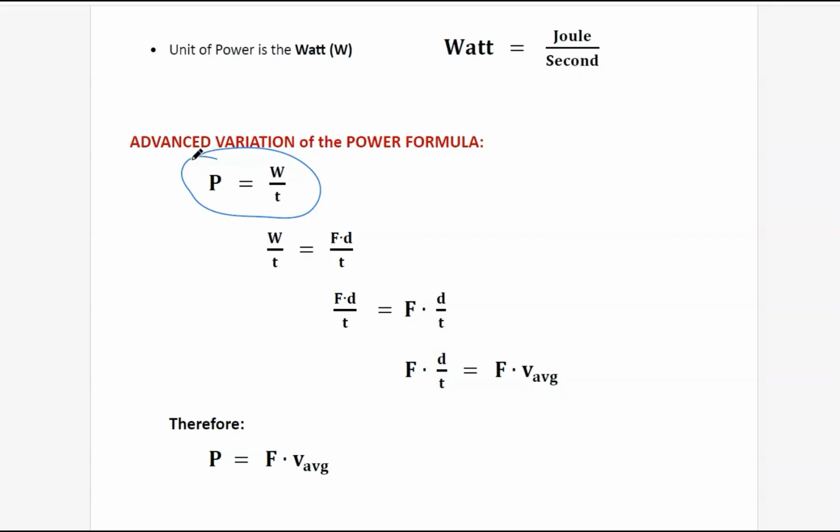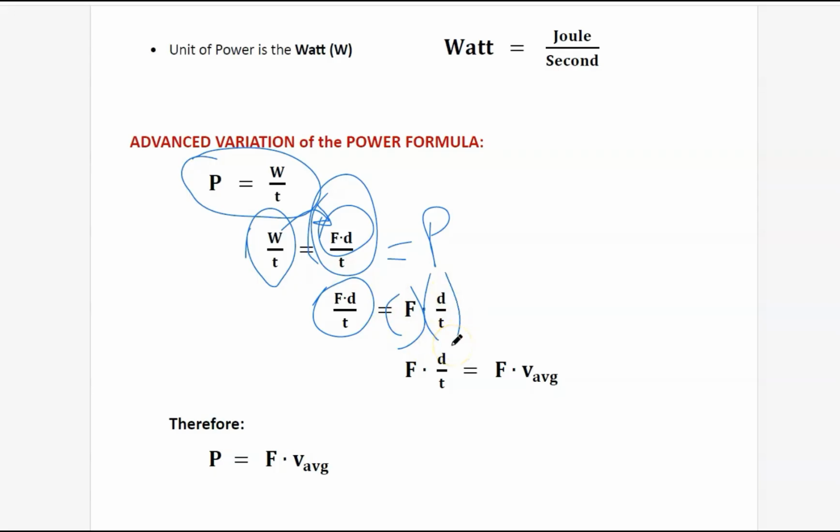I'm going to rewrite work divided by time and substitute for work F times D, the force times the displacement. So now the power equals F times D divided by T. I can just move the F out of the fraction.